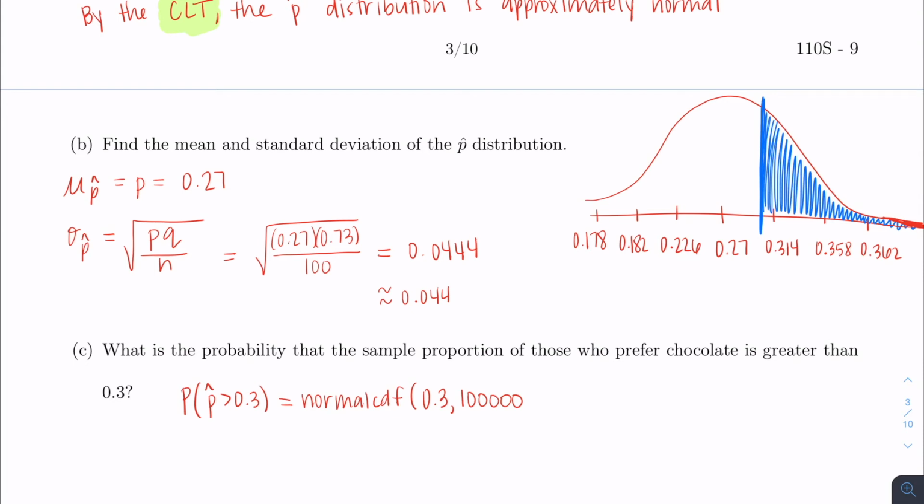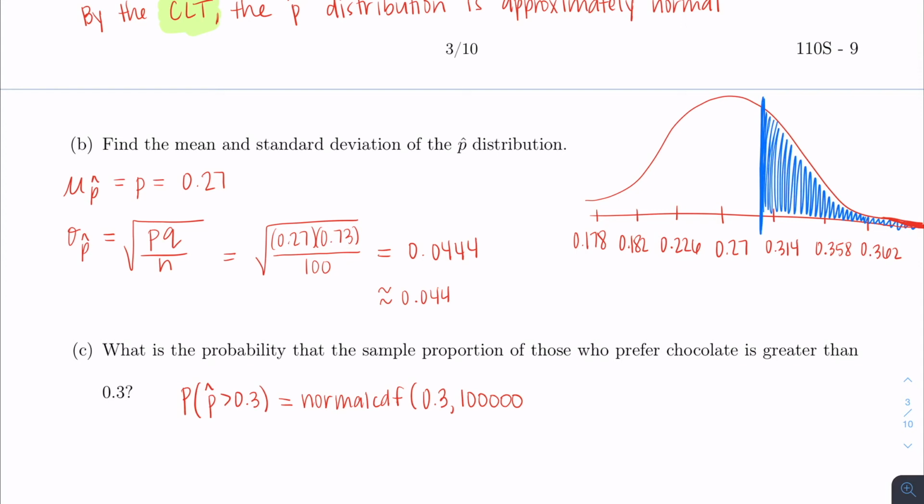And remember, when you're talking about a p-hat distribution, these values on this axis all represent percentages or proportions. And so to put a value of 100,000 is essentially saying that this is 100,000 times 100%, right? And so this is a ridiculous value to put, but it guarantees that we'll get the right answer.